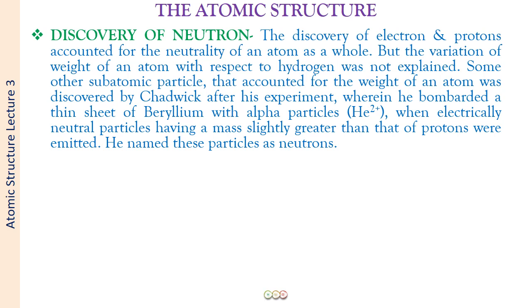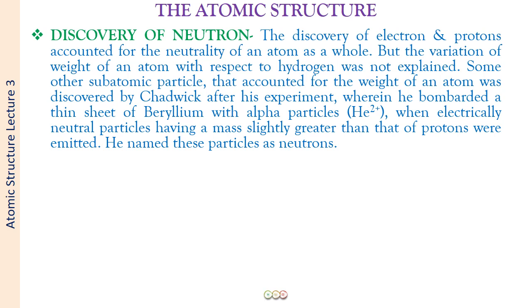And then there was an experiment done by Rutherford and his students called the alpha ray scattering experiment, which we would be doing in the next lecture, where he found that the whole mass of the atom was concentrated in a very small portion called the nucleus of the atom. And hence, as the electrons, we know, have a negligible mass, what Rutherford and his students said was that the protons are basically present in the nucleus, and the electrons are moving around this nucleus.